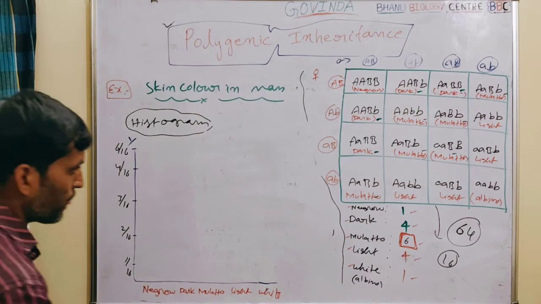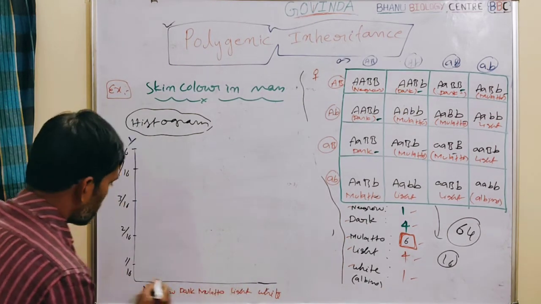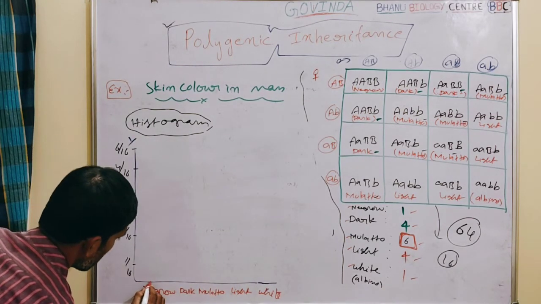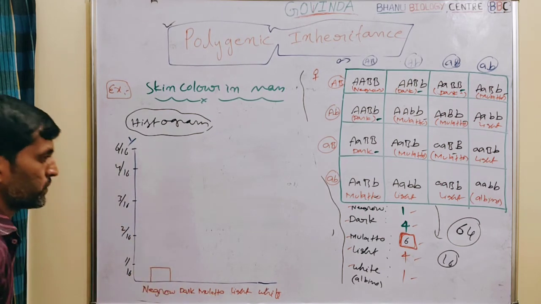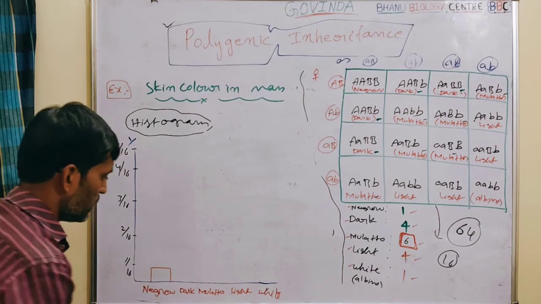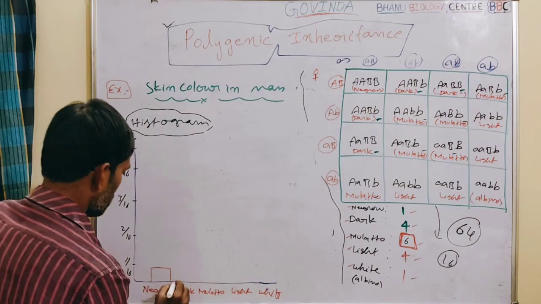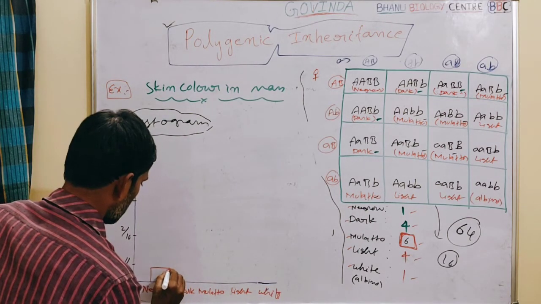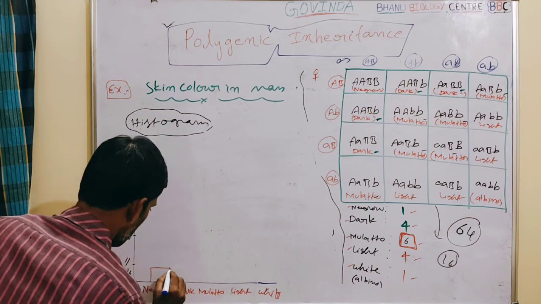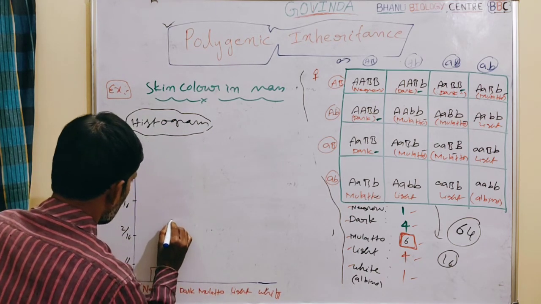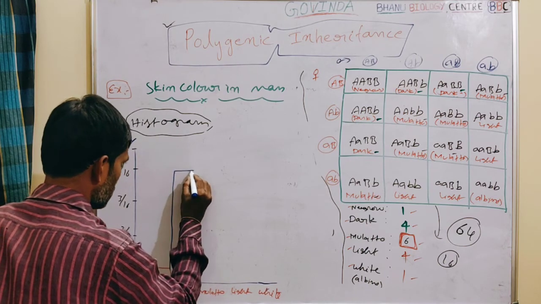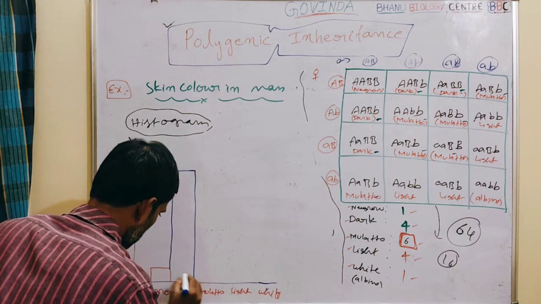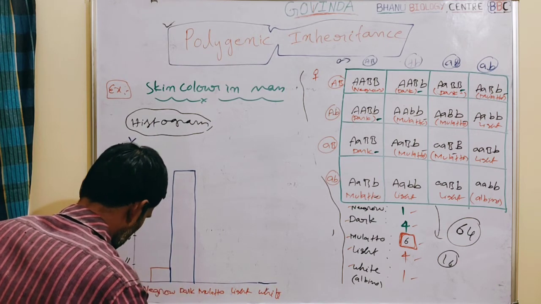Next, how many negro did we obtain? 1. So here we can draw one column. Then in the case of dark, 4. Up to here we can draw this, totally 4.